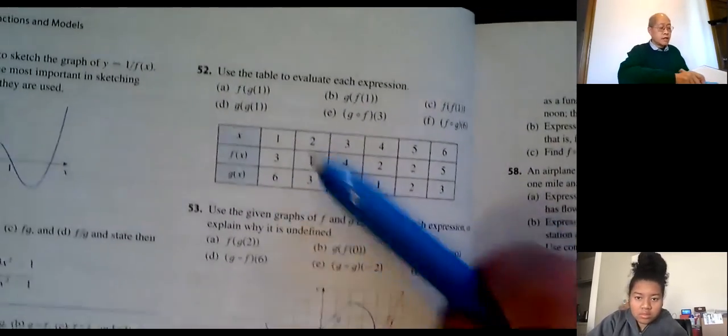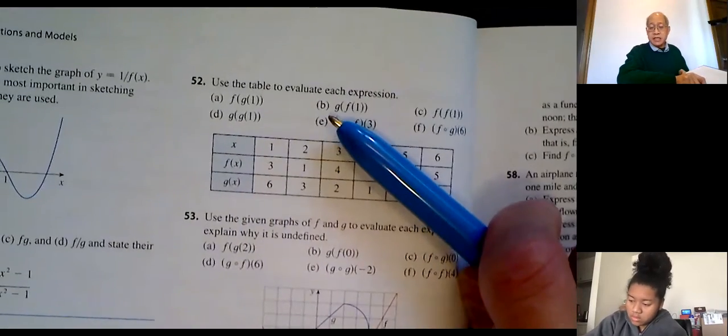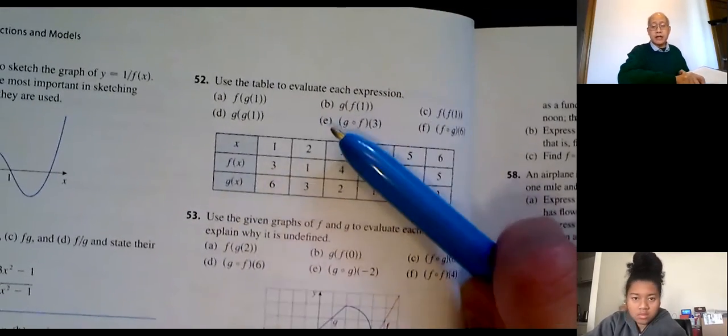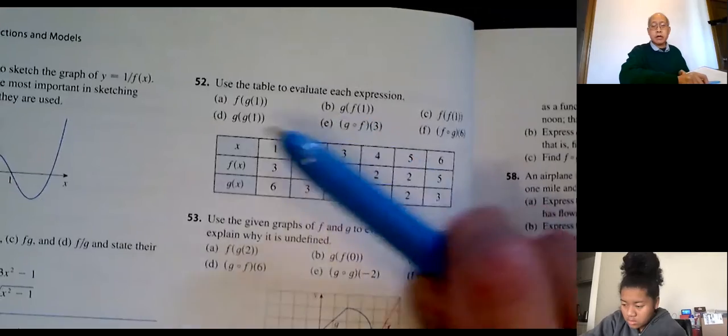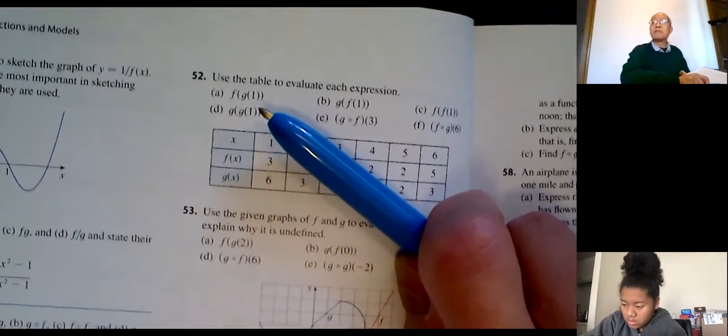In case you're wondering, A and B do not mean the same thing. A lot of times you get different answers. They might be the same, but in general they don't. So in other words, composition of functions is not commutative.